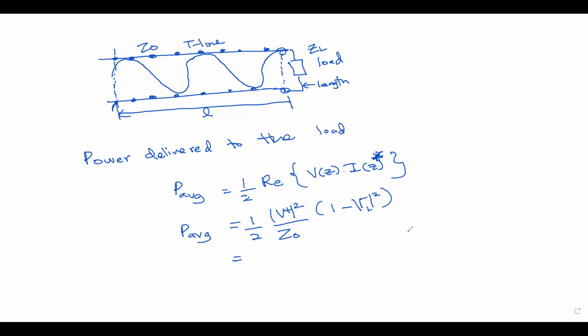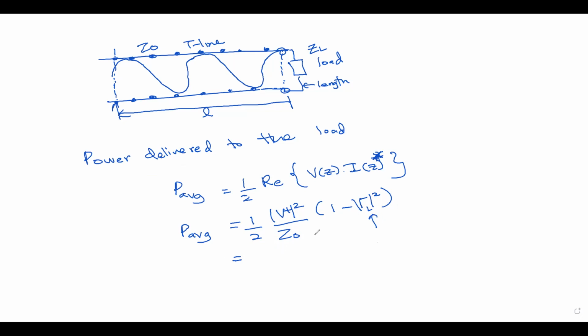The reflection coefficient denotes how much power is reflected back into the circuit. So 1 minus that value gives us how much power is given to the load. That is why this equation has the 1 minus tau L squared.